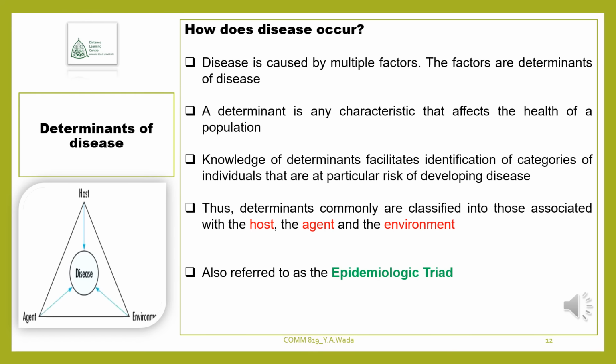In other words, they can also be called the epidemiologic triad. We're going to look at some of the intrinsic or extrinsic factors of these determinants and how they come together to establish the presence of a disease.